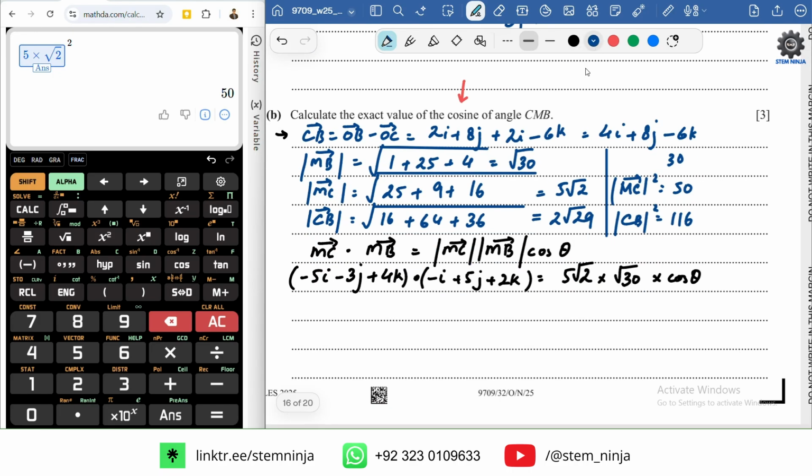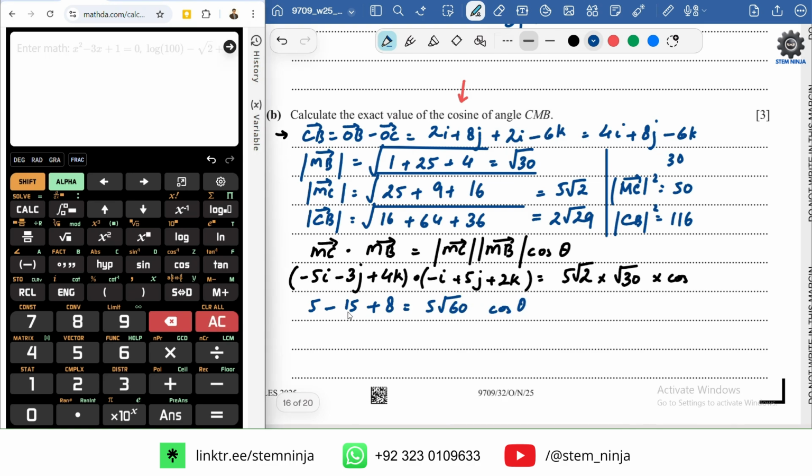Okay, so minus 5 times by minus 1, just 5, minus 3 times by 5, 15, 4 times by 2, 8, equals to 5 times by root of 60 cos of theta.